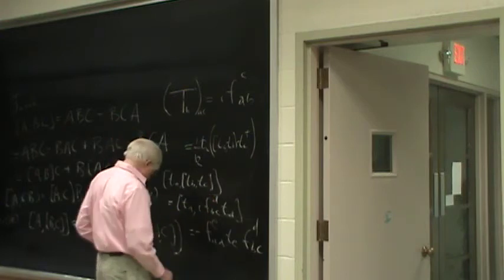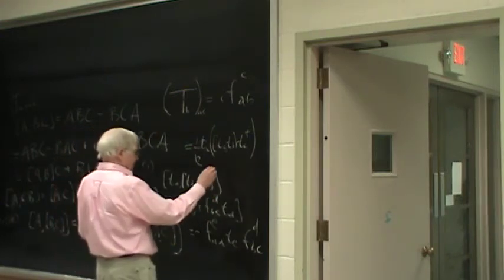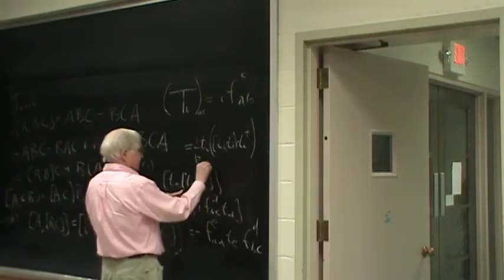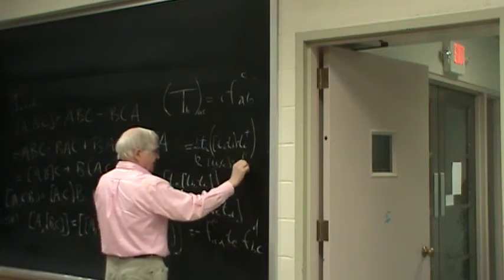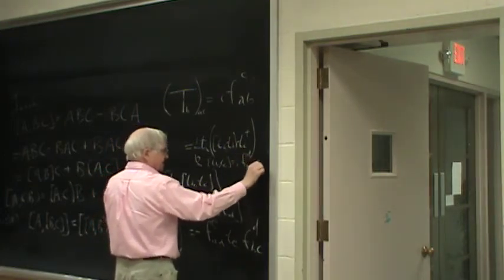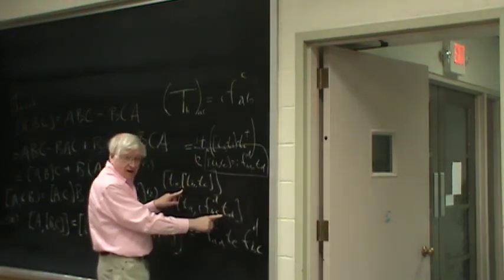That's the fundamental relation. In other words, the fundamental relation here is the commutator of T^B with T^C is i f^BCD T^D. And that got us to there.